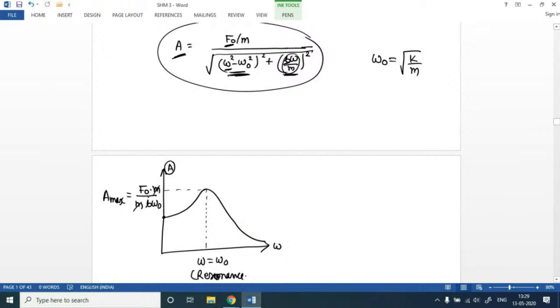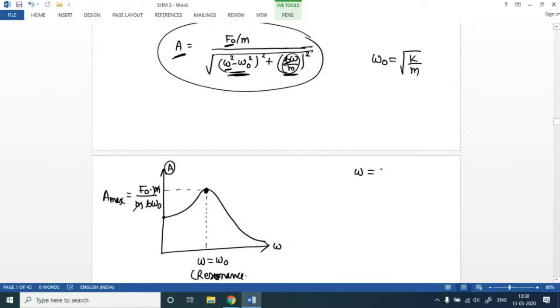Also you should realize this curve has been drawn at a given value of b. If we change the value of b, let's say we decrease it, let's look at the dependency on b. What will happen to the peak?